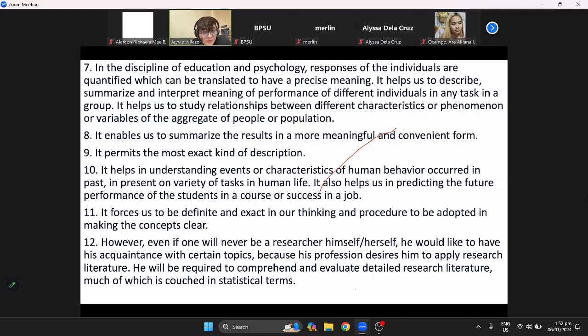Let's say for example, in terms of personality. Okay, sige. Wag pagdating sa personality because personality is kind of subjective.